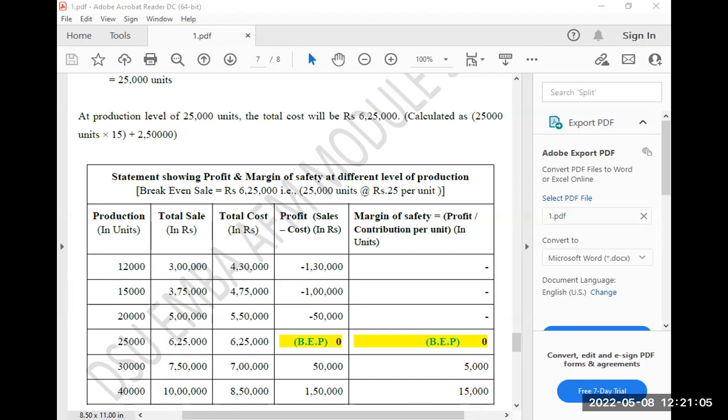If you take that value, it's not a correct base. For the production of 1 unit, what is the variable cost? For 100 units, what is the variable cost? It's changing, so we can't take that as a base.